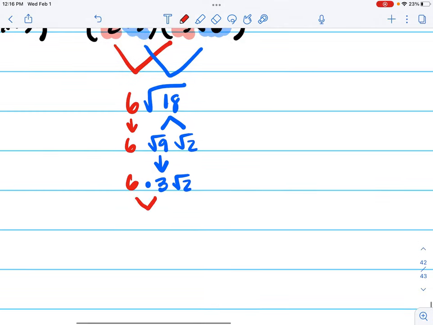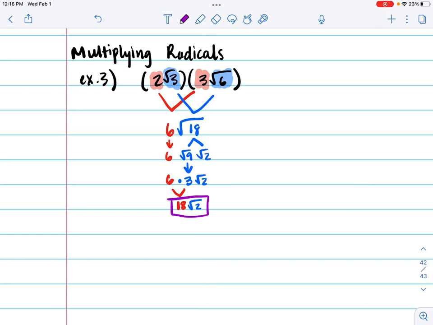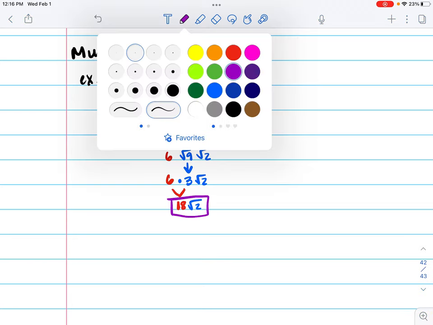So 6 times 3 ultimately becomes 18, because now these are both on the outside of the radical, they multiply together, and then root 2 just drops down. So this is our final answer, 18 root 2. So make sure you're just multiplying the proper terms together, the coefficients multiply, and then the radicals multiply, okay?